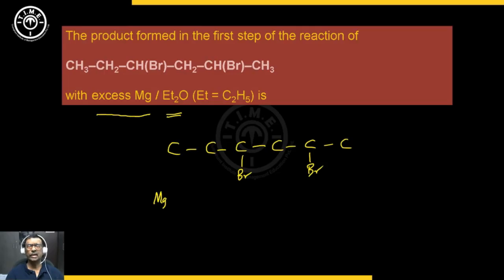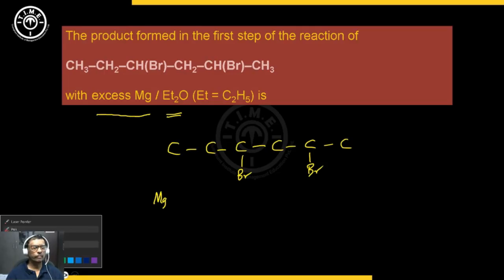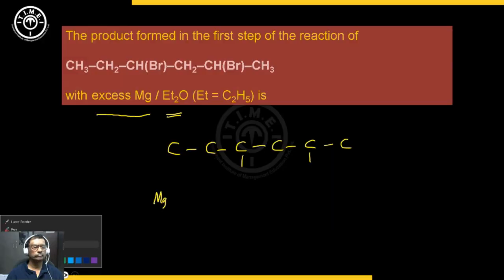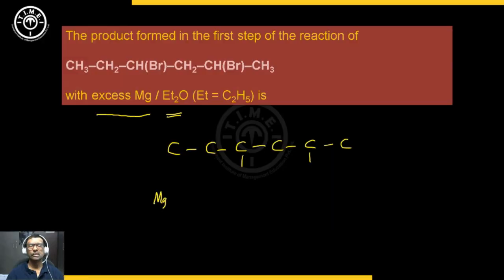So, wherever the Br is there, the Mg is going to be getting inserted in that. So we'll insert the magnesium here and here. So what do we get? MgBr and then MgBr. This is the first step, right?